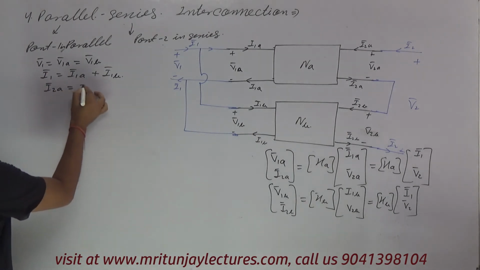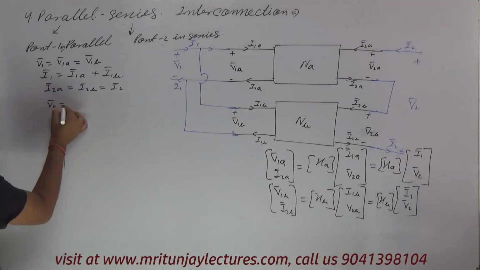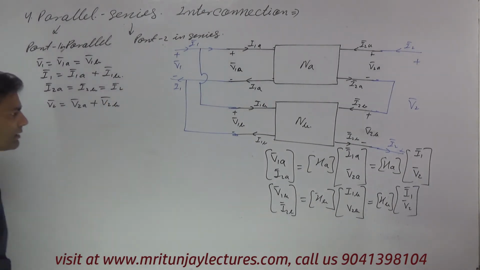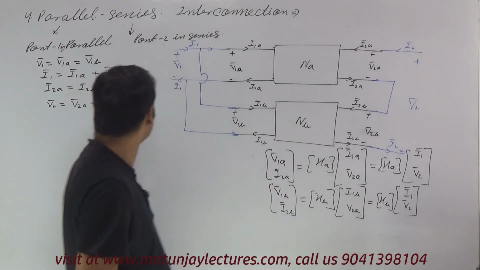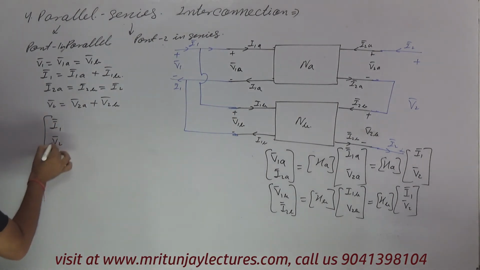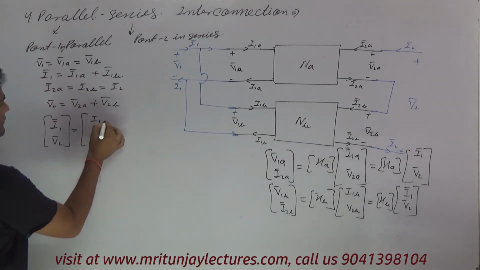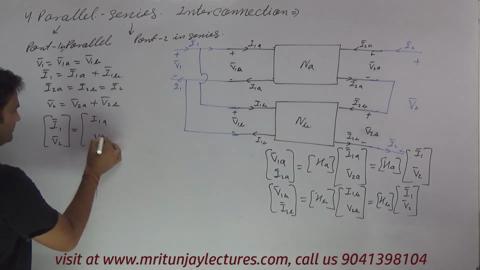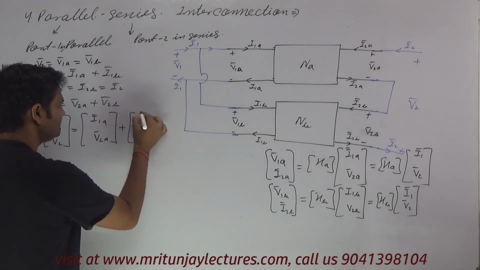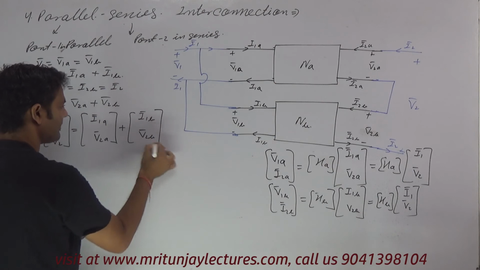I2A, I2B, this is equal to I2, and V2 is also written as V2A plus V2B. Okay, now I1 and V2 make like this one, that is I1A, V2A plus I1B, and here that is V2B.